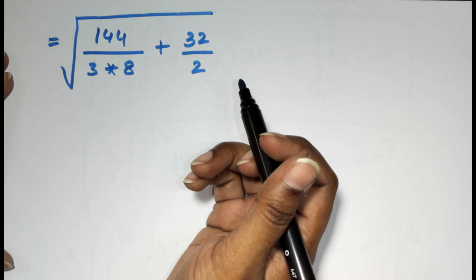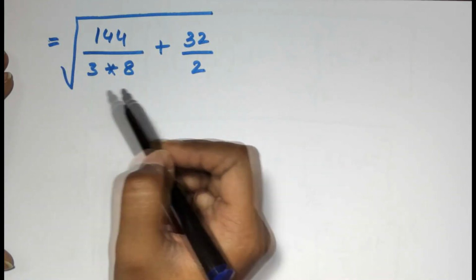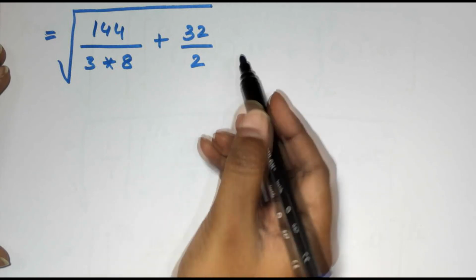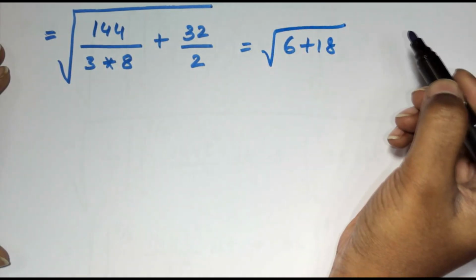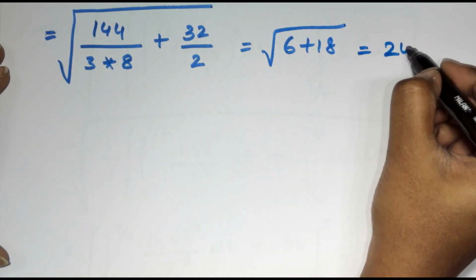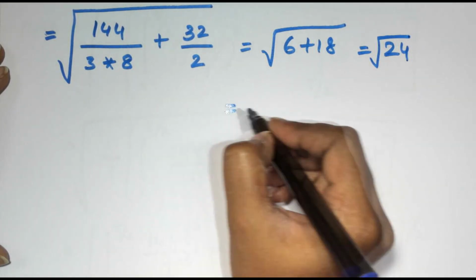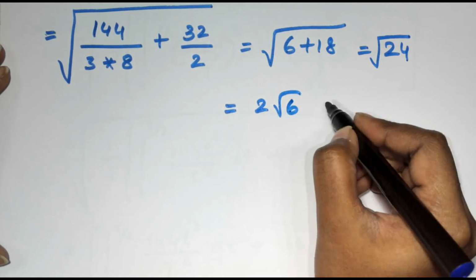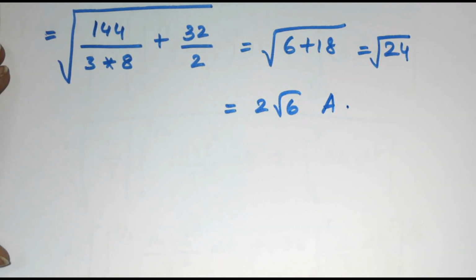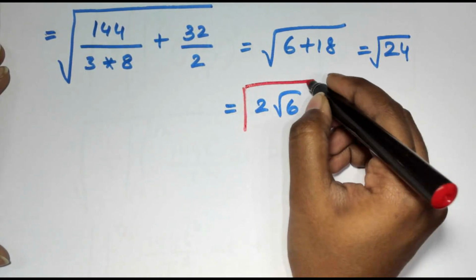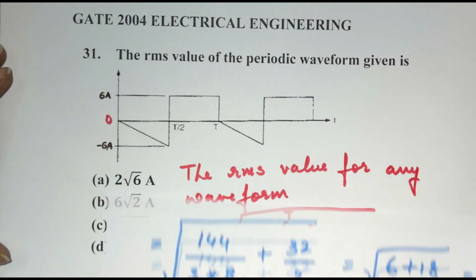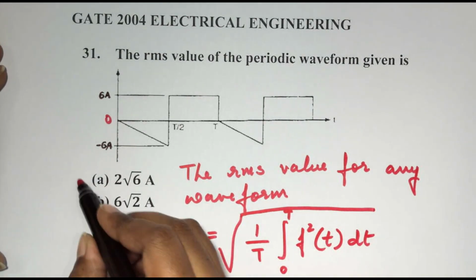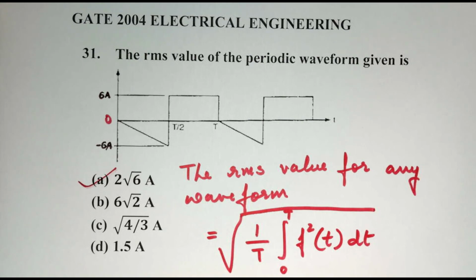Here we have 144 by 3 times 8 plus 36 by 2. When we solve that further, we will have 6 plus 18, which comes to 24, root of 24, and that gives us a value of 2 root 6 amps. So in this case, our final answer is 2 root 6. And let's see which option matches: 2 root 6 matches with option A. Well, this is the final answer, and I hope the explanation has helped.